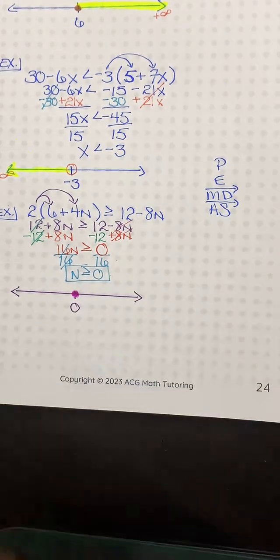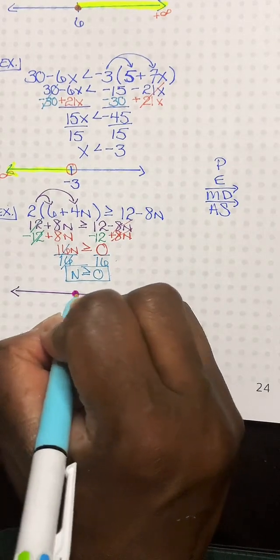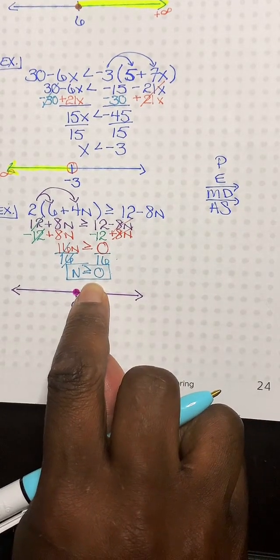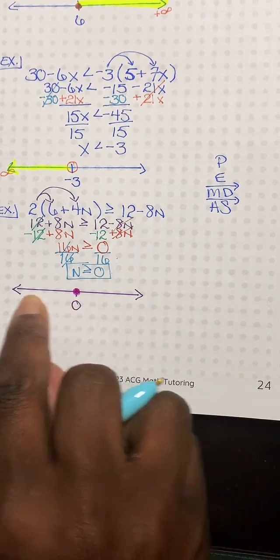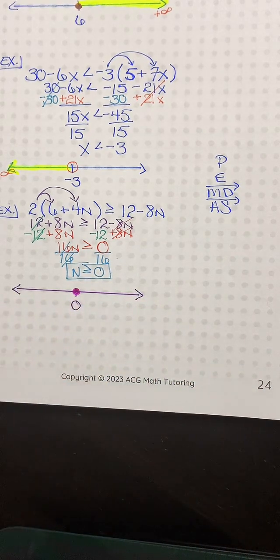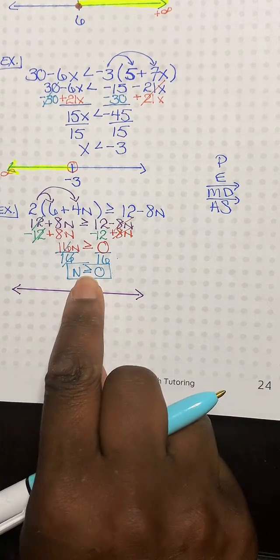All right. So now, which way is going to make this a true statement? Shading my points to the right or to the left? Okay, we got to the right because it's greater than.